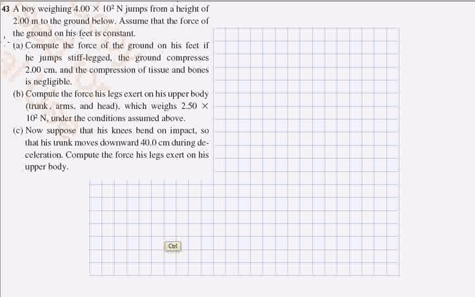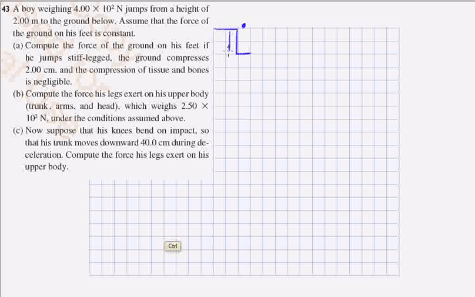Okay, so to start things off here, we are going to calculate the velocity of the boy just before he hits the ground. In order to do that, let me draw a coordinate system and a sketch. So here is the boy.